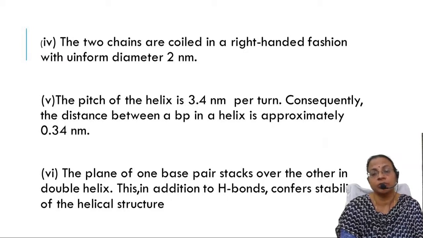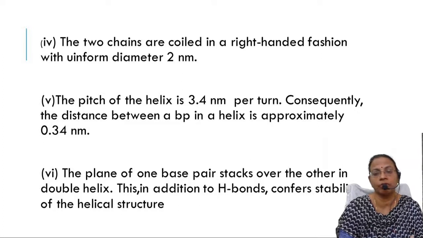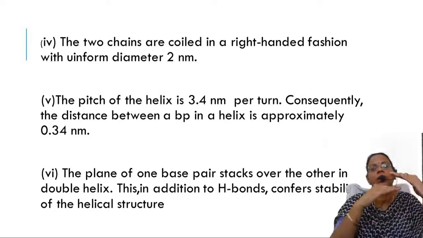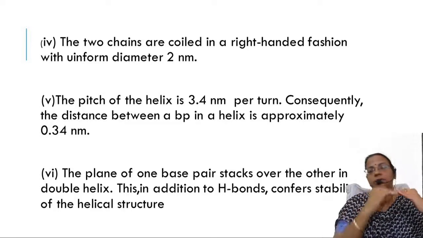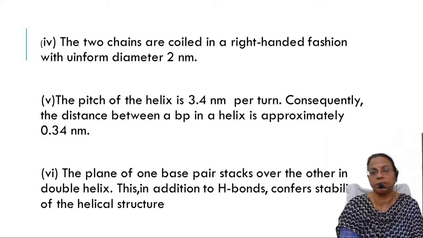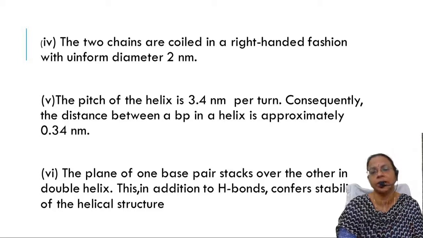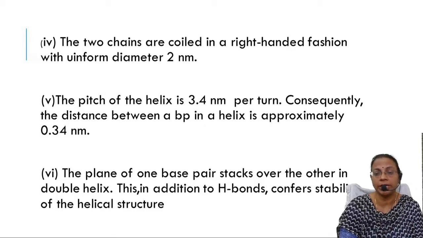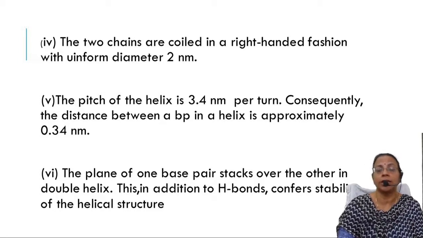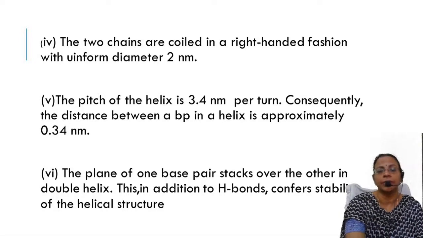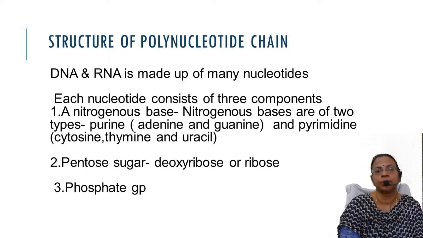The first one is that the plane of one base pair stacks over the other in the double helix. So one base pair sits just over the other base pair, and in that way that gives stability. Apart from that, these base pairs are connected by hydrogen bonds. So these hydrogen bonds as well as the arrangement of the base pairs one over the other give more stability.